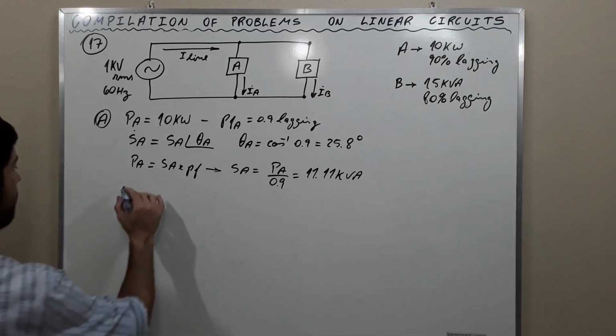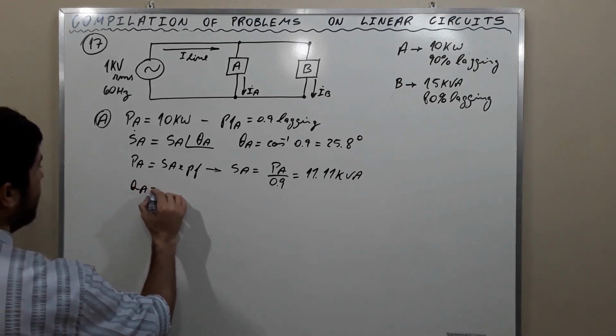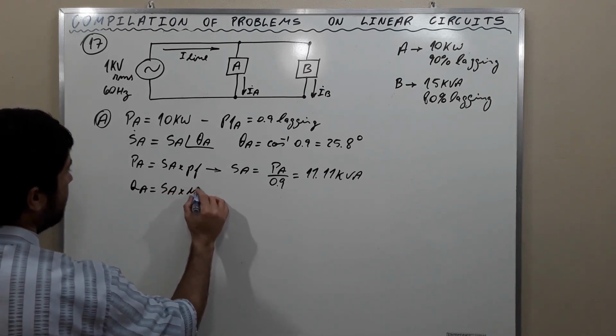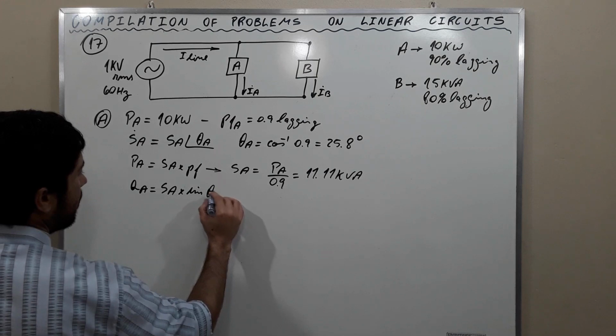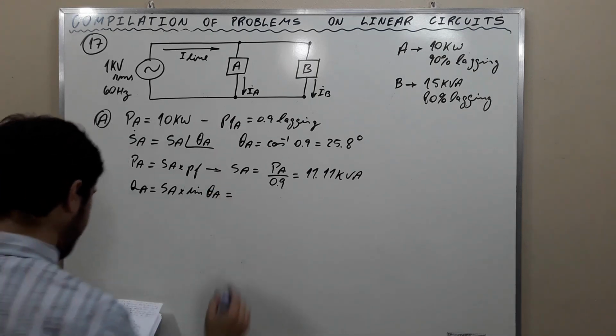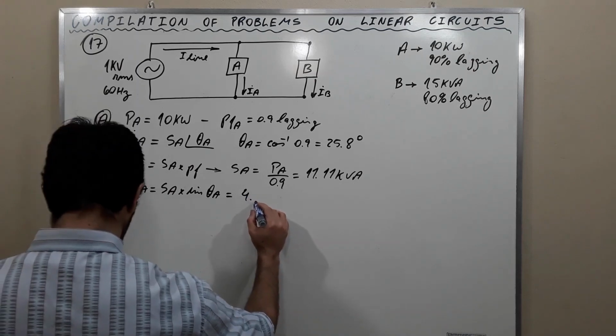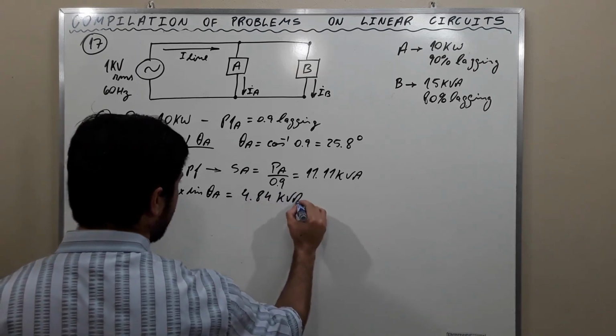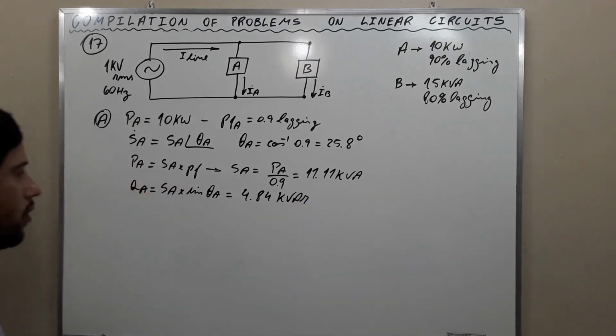The reactive power is going to be the apparent power times the sine of the angle, and using the values, we find 4.84 kVAr. Alright?